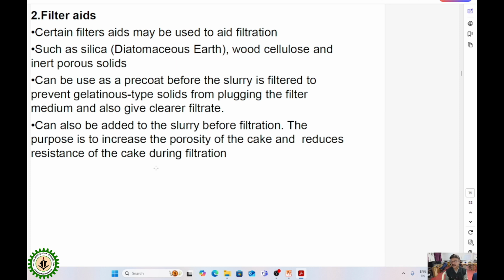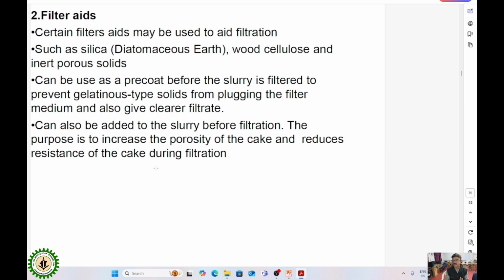But when the objective of the filtration process is to get the deposited solid as the target material, in that case, the filter aids are used in the form of pre-coating. How is it used? Initially, the filter aids are taken and mixed with a liquid, generally water, to make a paste. That paste is applied on the surface of the filtering media initially and kept for some time.